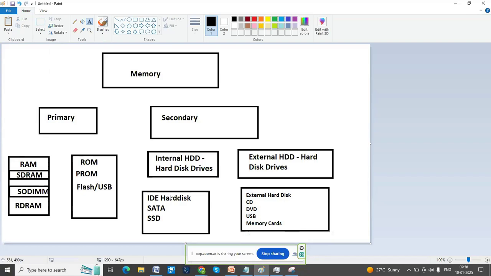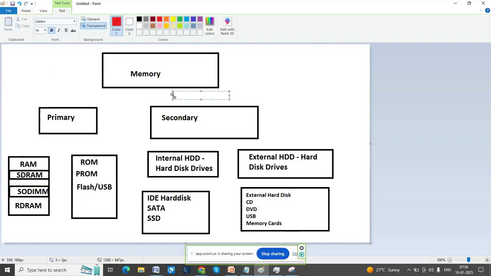See, nothing to worry about here. How the IDE hard disk infrastructure matters, how the SATA matters, that doesn't matter here. Nobody will ask the difference in that. The question concerning memory is, what is the size of the memory measured in? As our weight is measured in kg and our height in centimeters or meters, similarly memory is measured here.